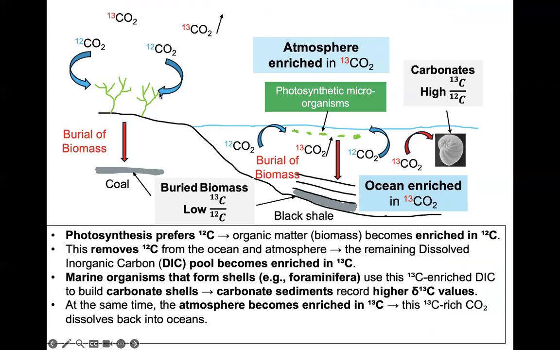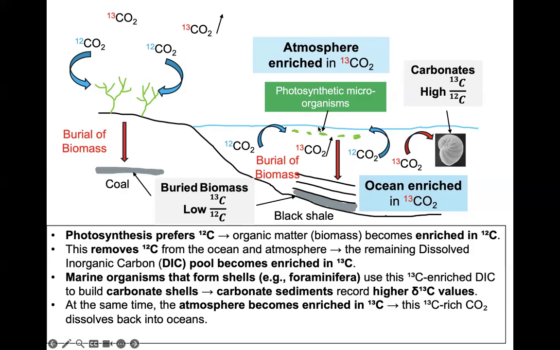And which isotope is removed? C12, again because the plants prefer C12 over C13. When these plants die, they get buried, and finally they form coal. That coal happens to have high C12. So if you look at the ratio here, because this C12 increases, the whole ratio becomes lower.